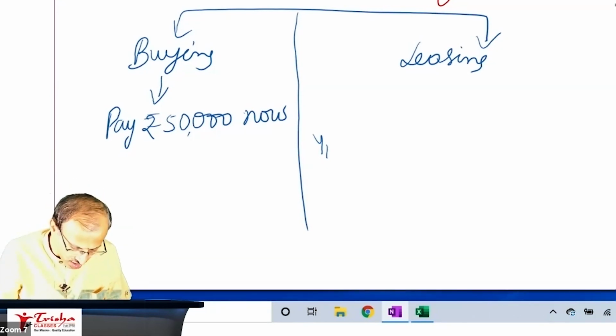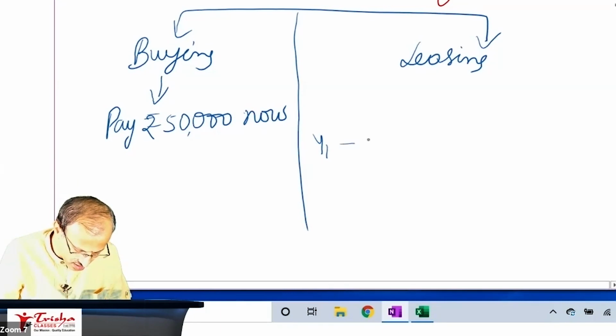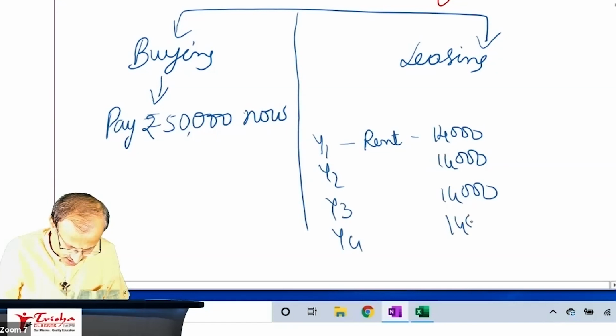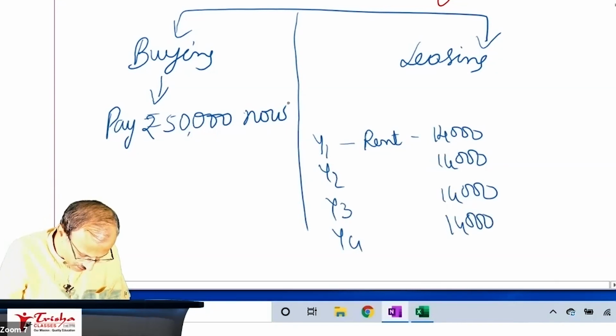Note down. Year one rent 14,000. Year 2 14,000. Year 3 14,000. Year 4 14,000. Can I compare this and this?